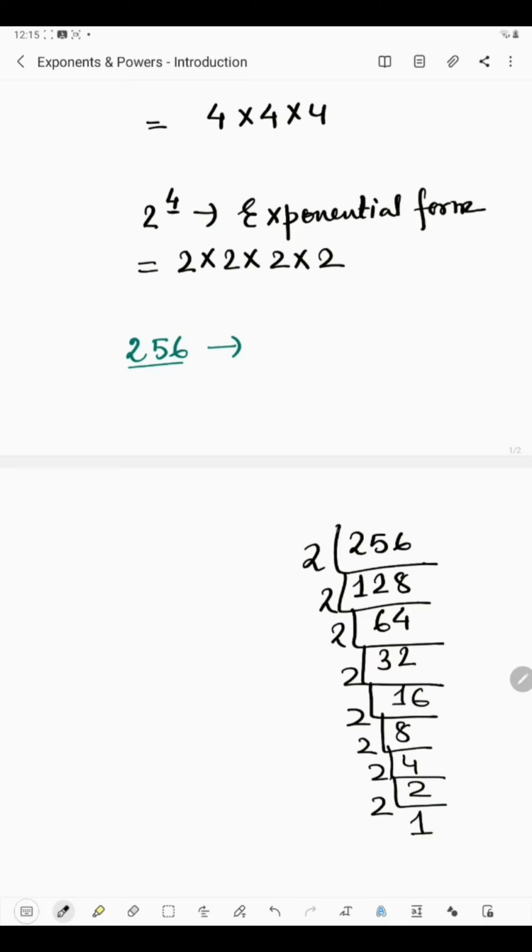So how many times have we got 2? It's 1, 2, 3, 4, 5, 6, 7, 8. So it will be 2 raised to the power 8. This way we can express any number in exponential form by finding prime factors.